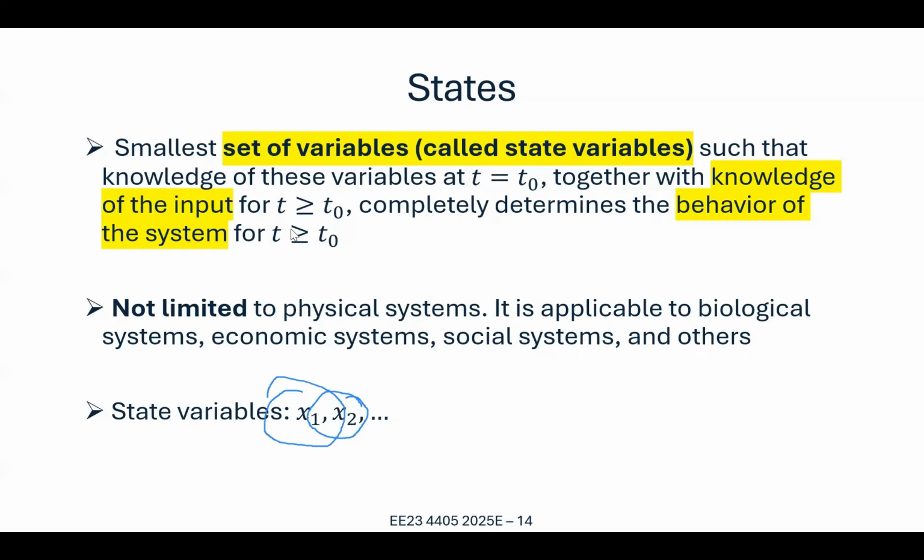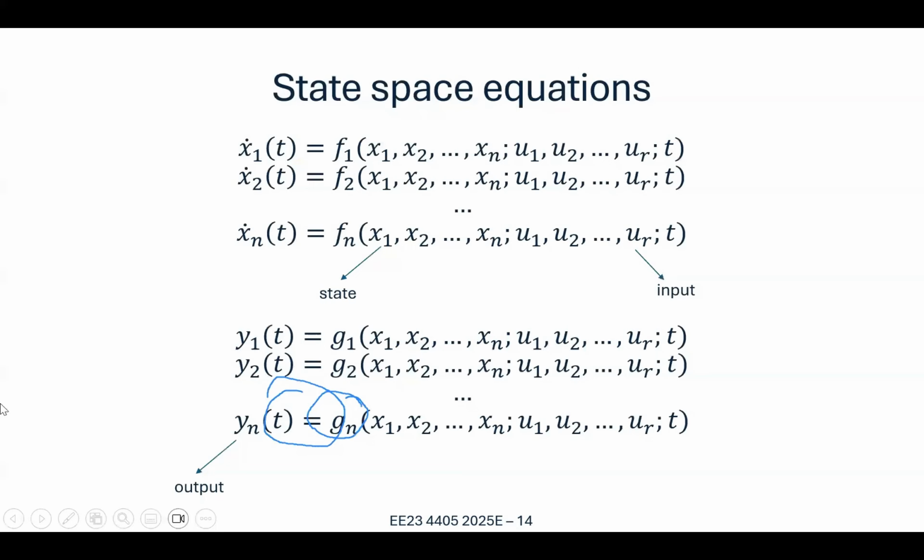This is still quite abstract, but this is the so-called state space equations. So there is x1 dot here, which is a function of x1, x2 until xn. Also, it is a function of u1, u2 until ur, and it could also be dependent on time.